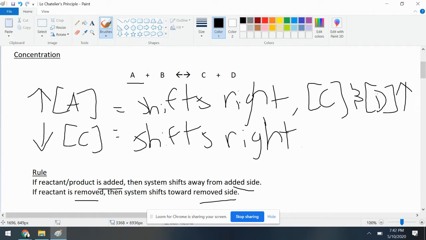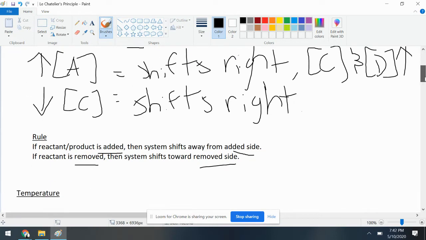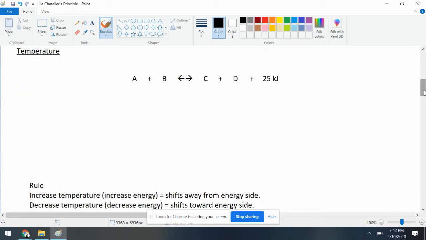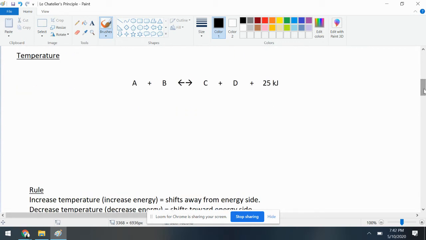Let's take a look at the second factor this time: temperature. Notice this time I have the same equation, but there's 25 kilojoules on the right side. What does that mean? Keep in mind kJ is kilojoules. It just means heat is being released this time.